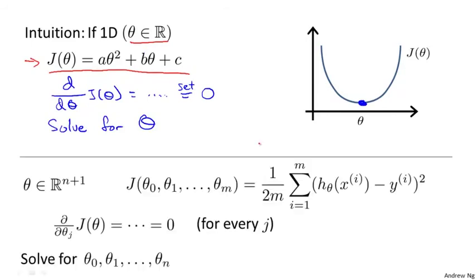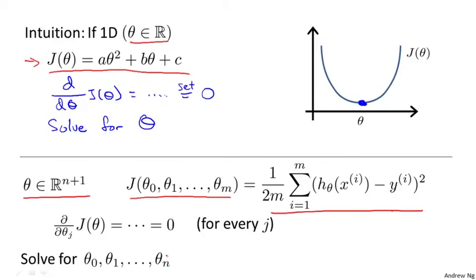In the problem that we're interested in, theta is no longer just a real number, but instead is this n+1 dimensional parameter vector. And our cost function J is a function of this vector value theta 0 through theta n, and the cost function looks like this sum of squared errors cost function on the right. How do we minimize this cost function J?